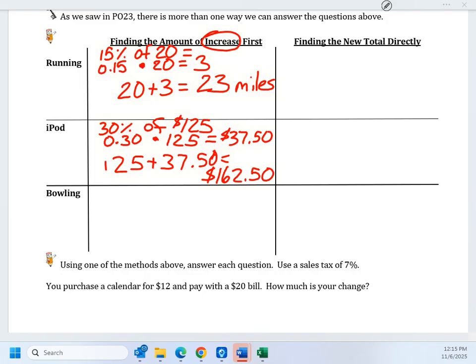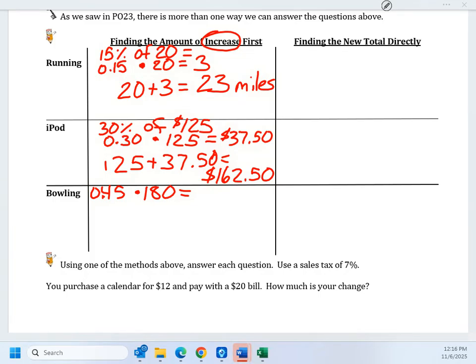Our last one, bowling. I have a score of 180 and I want to raise it by 45%. So I'm going to write it out the same way: 0.45, that's 45%, times my 180. What is that?